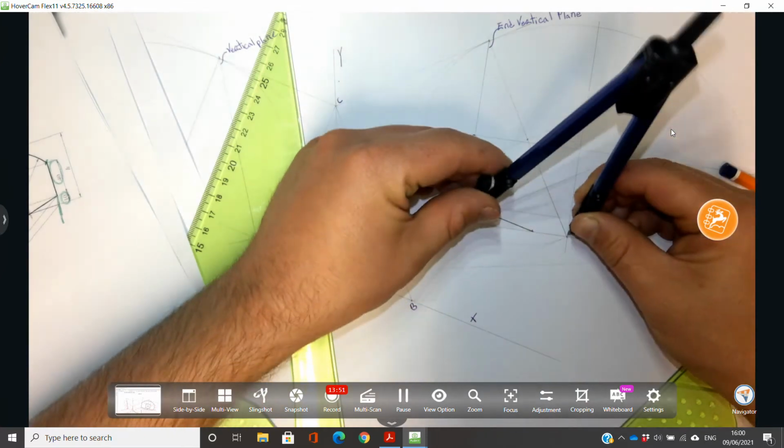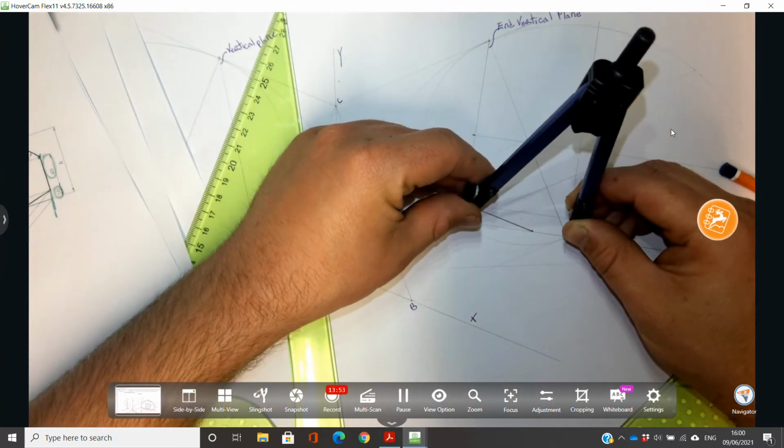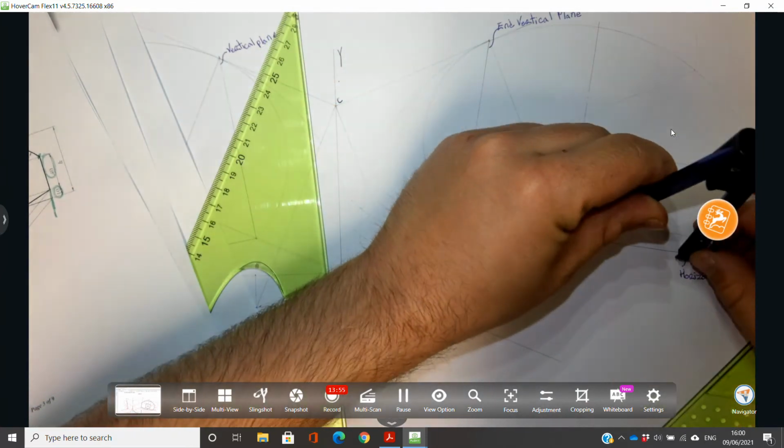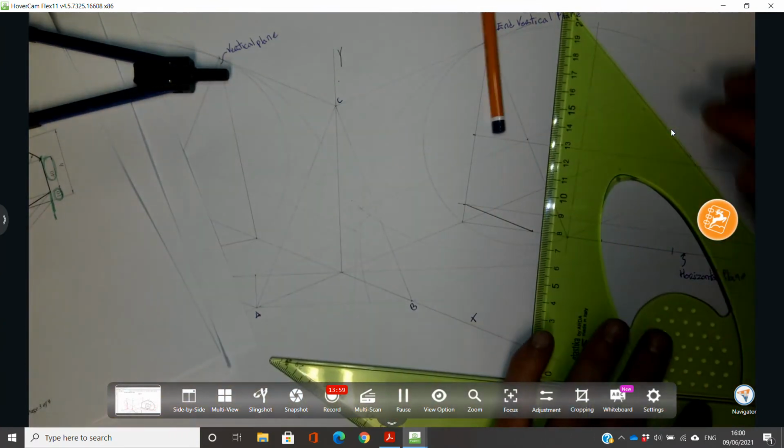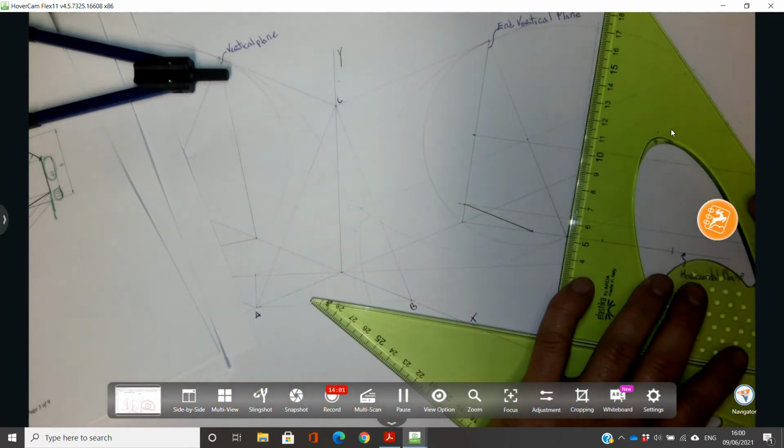Now I can take this distance here and put it over, and then obviously parallel to the center line.